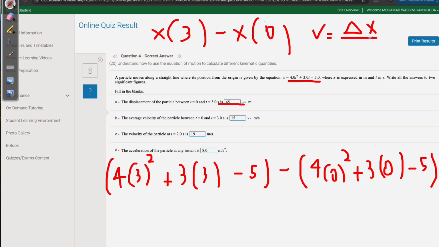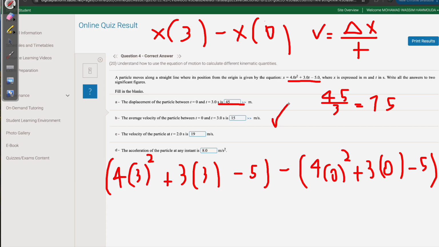We have delta x right here, which is the displacement, and the time is not the time itself, it's the elapsed time, which is 3 minus 0, which is 3. So we're going to use the answer from part A, which is 45 over 3, which is equal to 15.